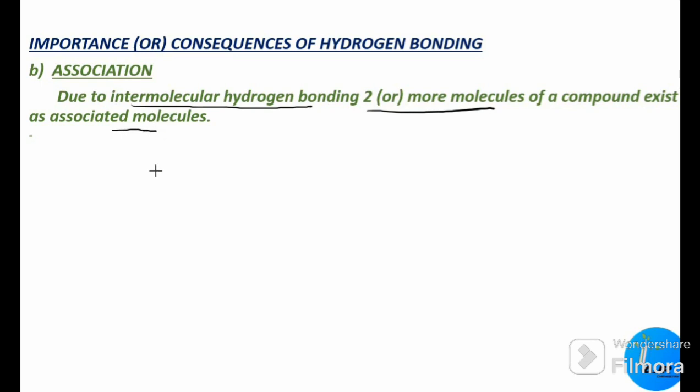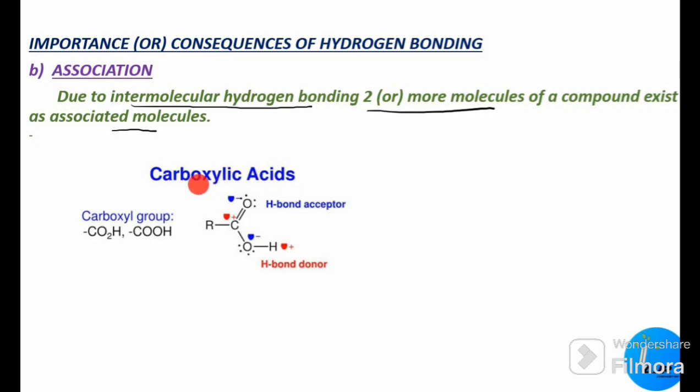For example, carboxylic acids. These carboxylic acids exist as dimers. Here are two carboxylic acids, COOH and COOH, existing as dimers. This is because of the presence of hydrogen bonding between the two carboxylic acids.